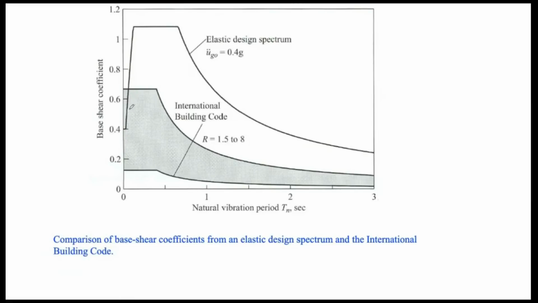This one starts from zero, 0.4 g. There's a straight line, then you can see a plateau branch of the acceleration response spectrum, and then you can see this decaying branch of the acceleration response spectrum.